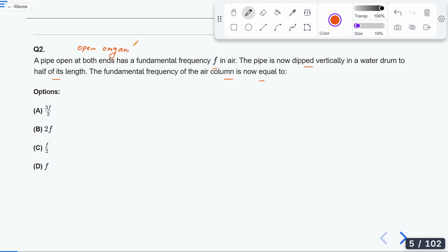Questions on organ pipes are also very important. So what is the fundamental frequency in the case of an open organ pipe?